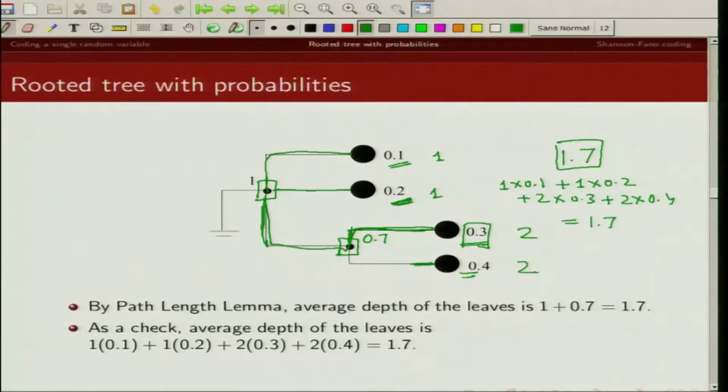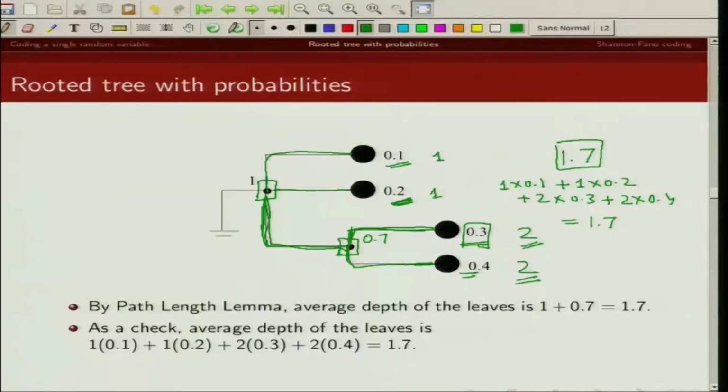Similarly, this particular node appears in the sum of probabilities of this particular node as well as the root node, which is precisely the depth of this leaf. So you can see from the path length lemma, by summing up the probabilities of all the nodes including the root node, we can find out the average depth of the leaves.